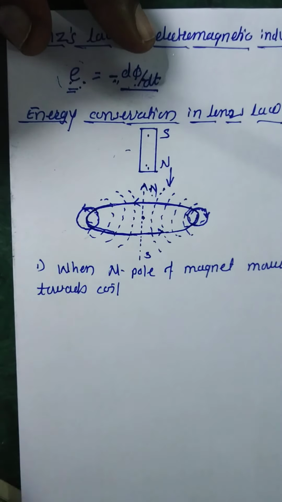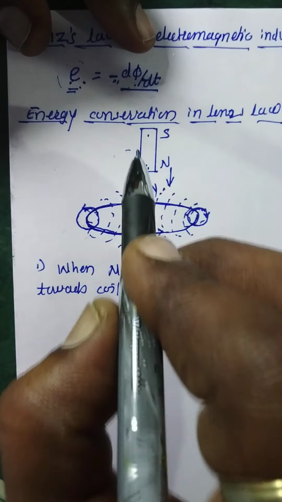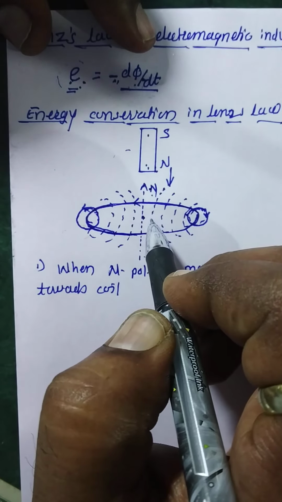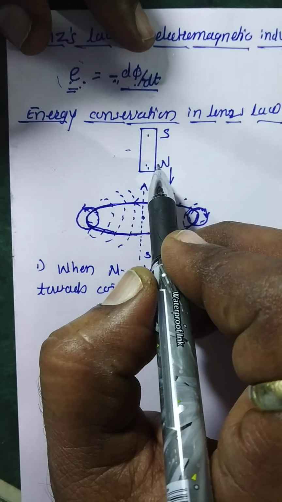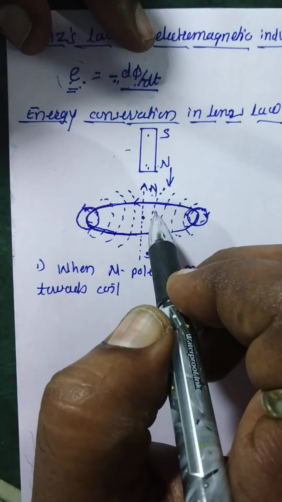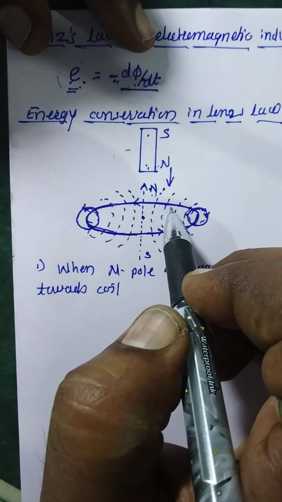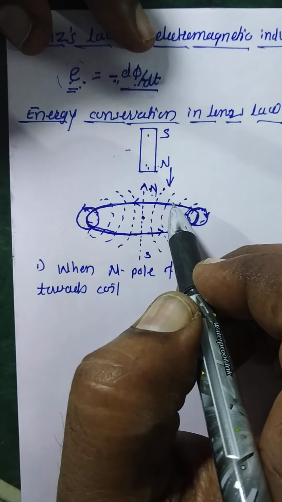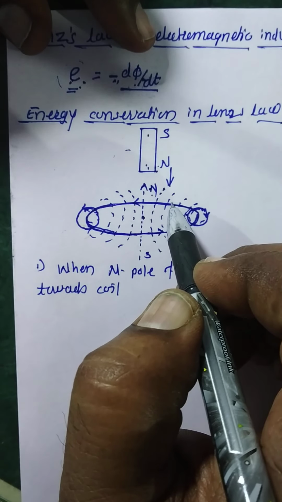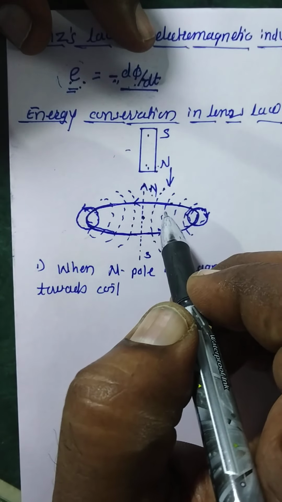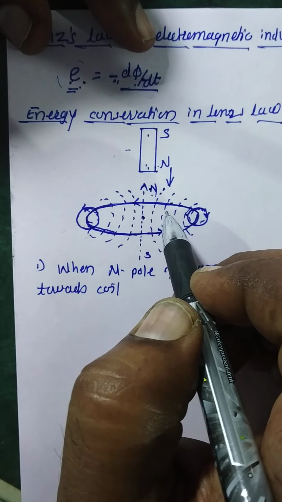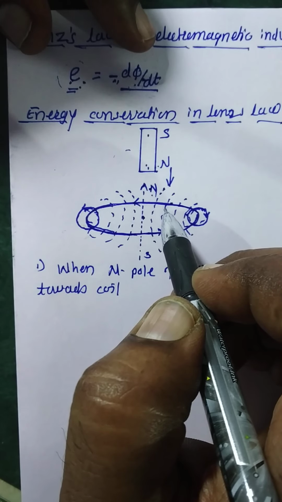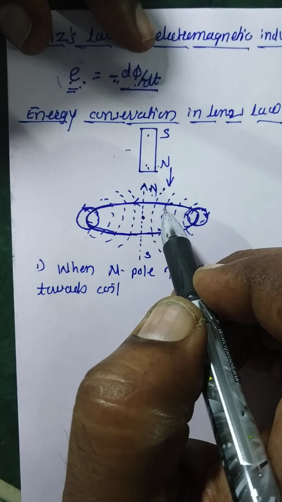परत एकदा बघा. When the N pole of the magnet moves towards the coil, then an EMF is induced in the circuit, or in the coil. This EMF produces a magnetic dipole in the loop.